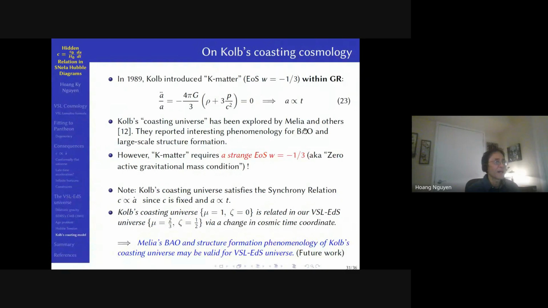Then others have already found some interesting phenomenology for BAO and large structure formation. But I don't think I have enough time for that. I invite you to read my paper on that. And this leads to future work, because maybe the BAO and the structure formation can be carried over into the case of PSL, EDS, as well.